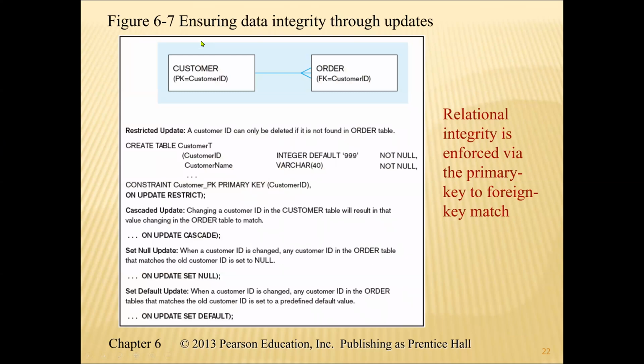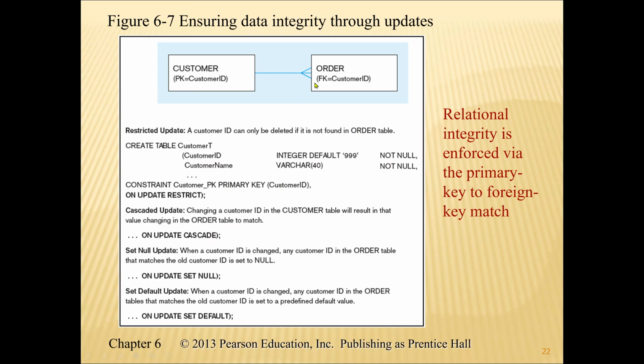So for example here, ensuring data integrity through updates. We have a relationship between two tables here, customer and order, a one-to-many relationship. Now we are going to do a restricted update. Remember, customer ID is a primary key field, so that's what they put here, PK.